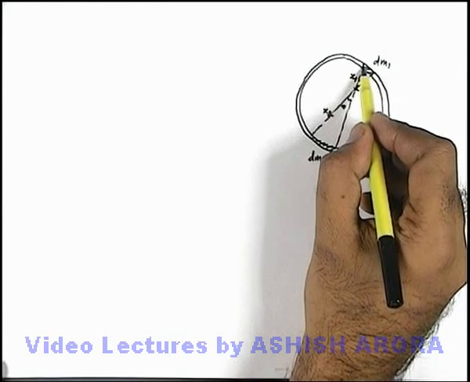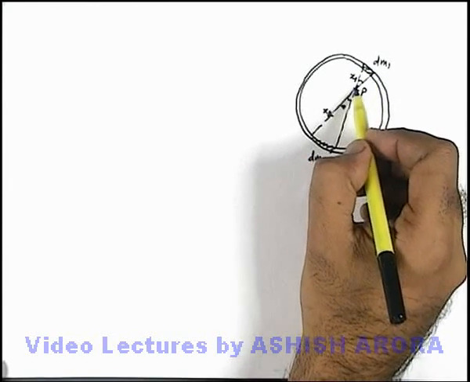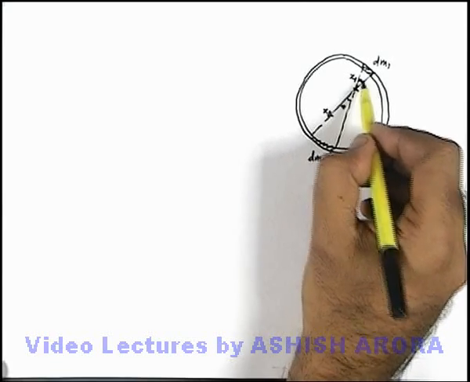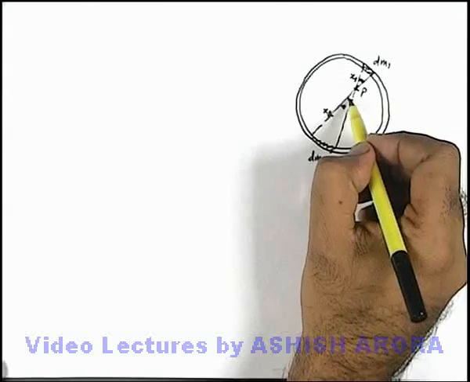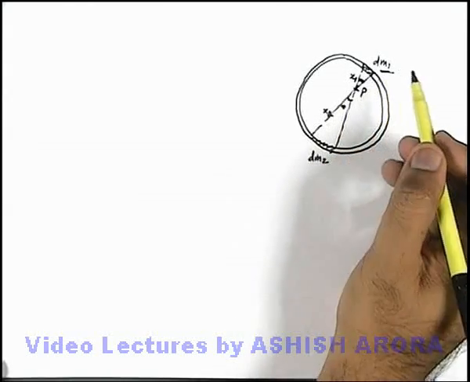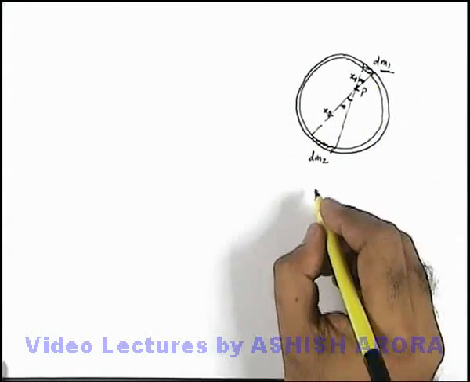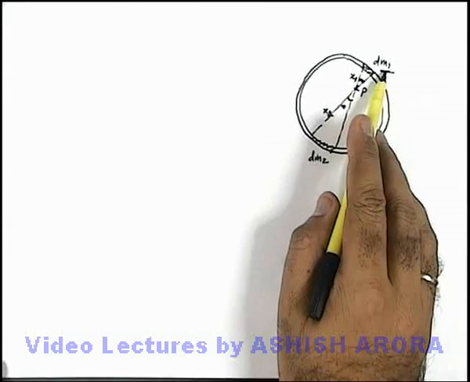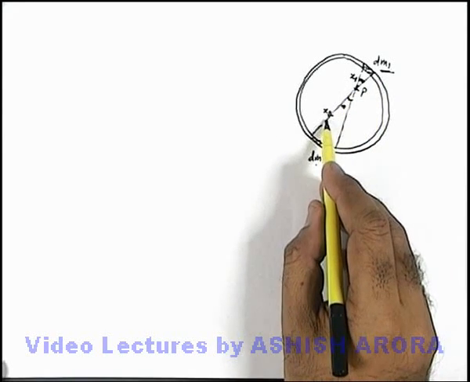Then in case of a spherical section, the surface area of the element will be directly proportional to the square of its distance from the point at which it is subtending a given angle. And here the solid angle subtended by both the elements at point P is equal, and the mass is obviously directly proportional to the surface area. So this mass is proportional to the square of x1 and this mass is proportional to the square of x2.